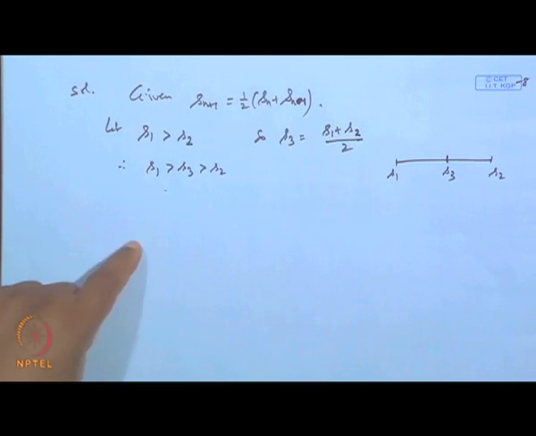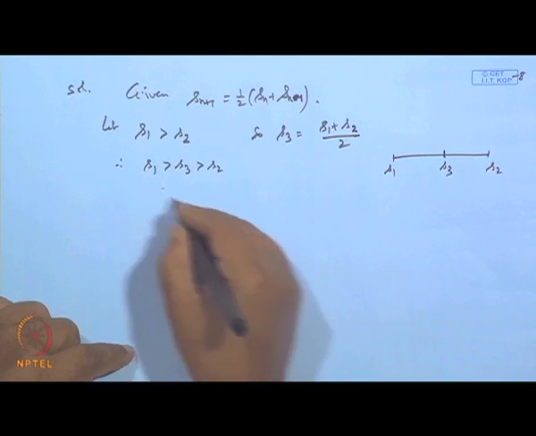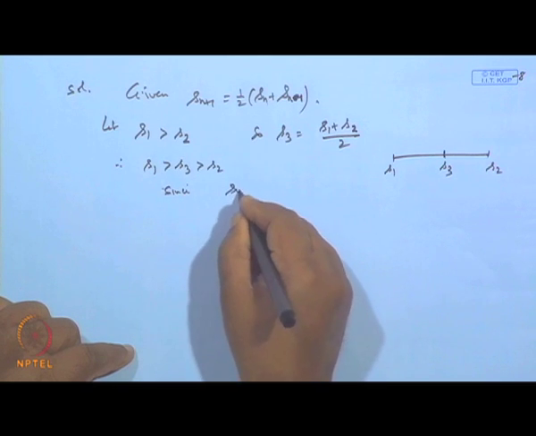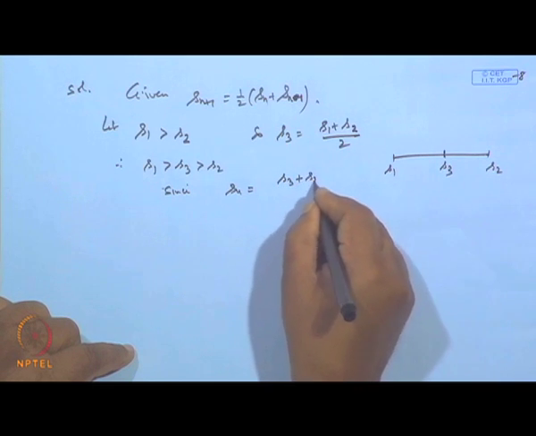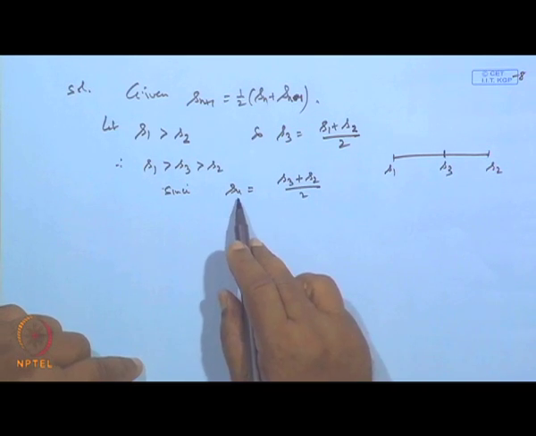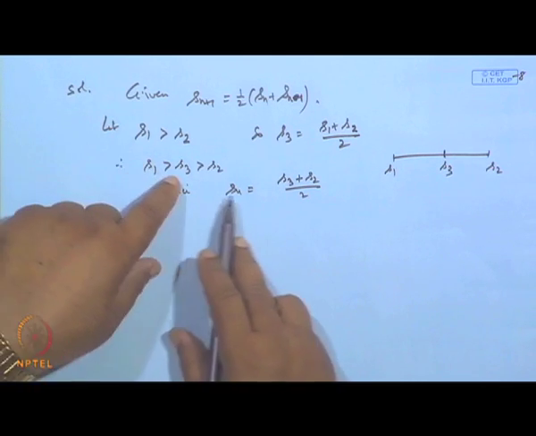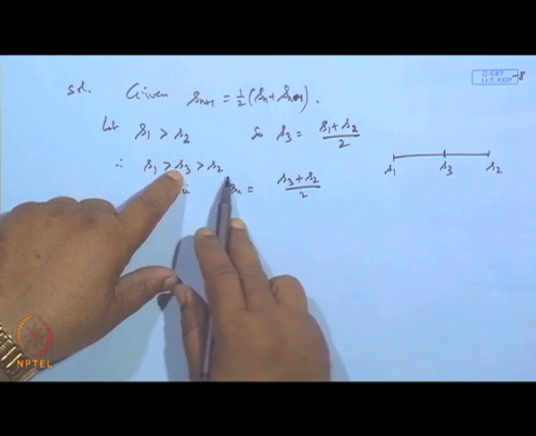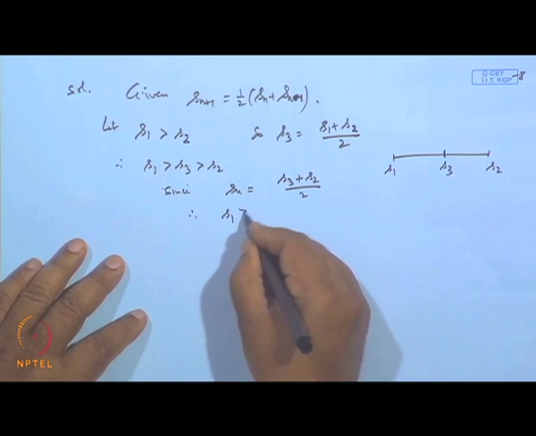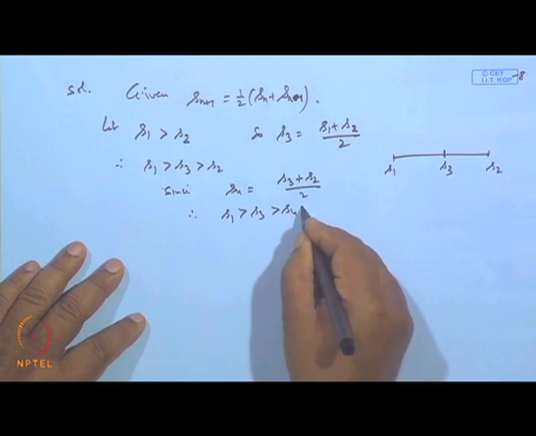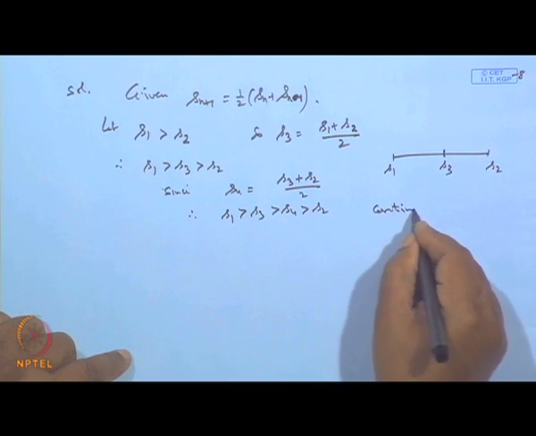Okay. Similarly, now S4 is nothing but, when n is 3, (S3 plus S2) by 2. So, S4 lies between S3 and S2. So, we get S1 greater than S3 greater than S4 greater than S2, and we continue like this. Say the 5th term: S5 is (S4 plus S3) by 2, so it will lie in between S3 and S4, and like this.